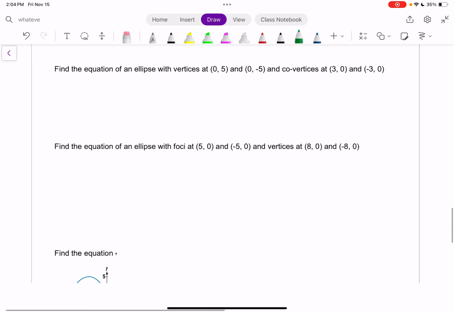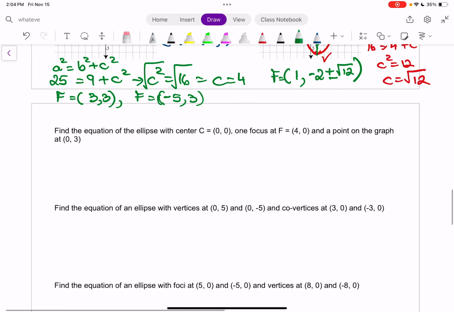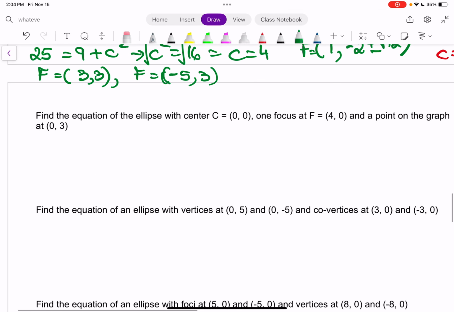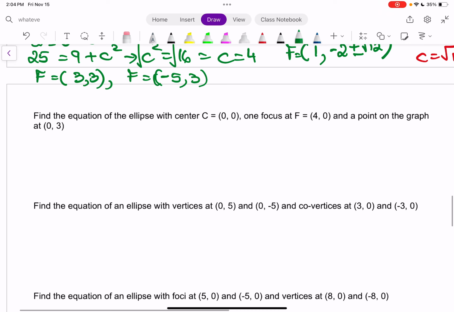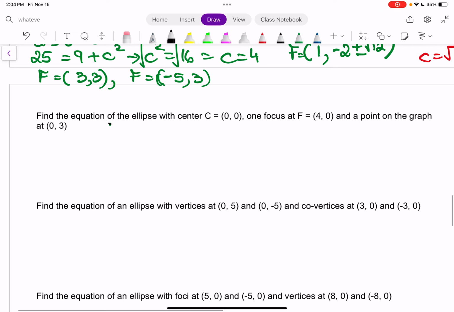So now let's just go backwards. We want to find the equation of the ellipse with center at 0, 0, one focus at 4, 0, and a point on the graph at 0, 3. Even though none of these problems will say to graph, you really cannot come up with the answers unless you help yourselves with a little picture.